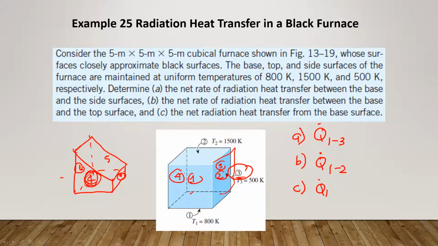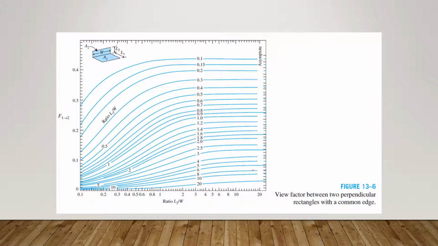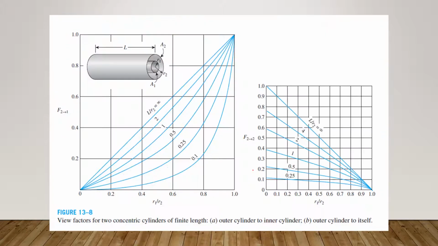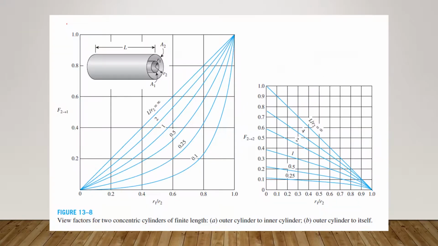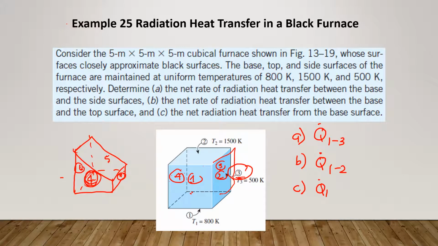So now let's take a look at the first question, A. For A, we have to find what is Q dot 1 to 3, from the base to the side surfaces.